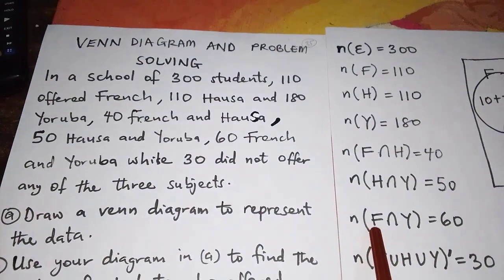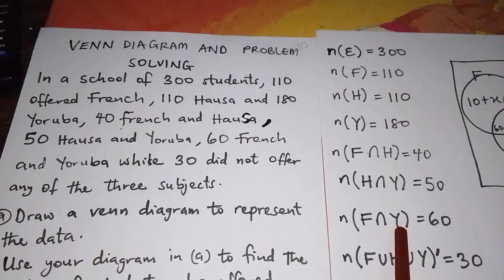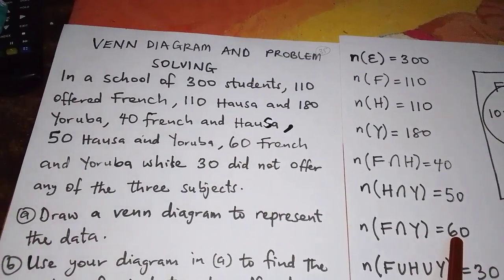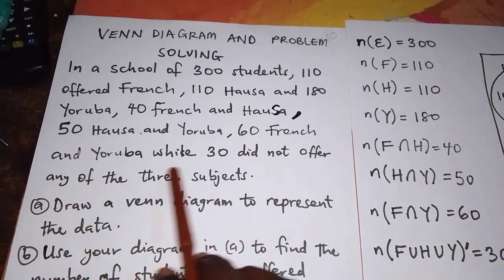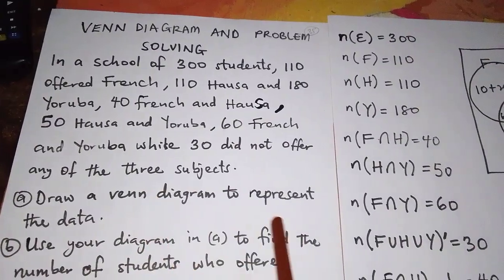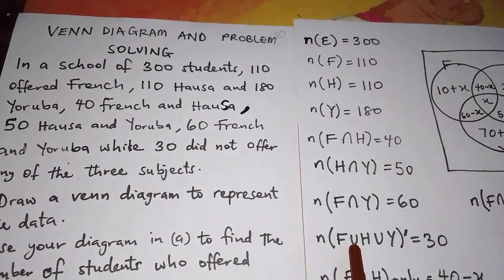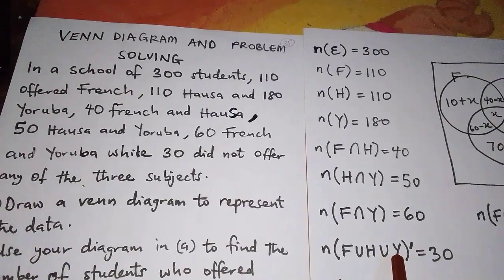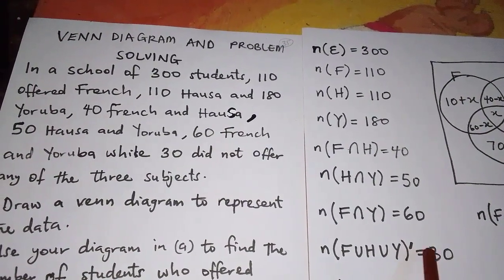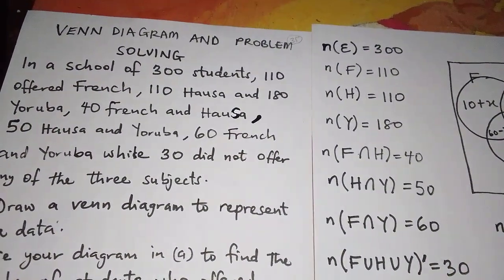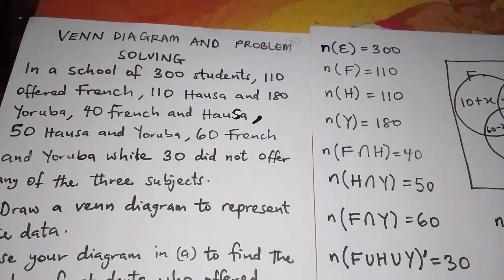Those that have French intersection Yoruba, they are 60. While 30 did not offer any of the three subjects. So that means those that are in the complement of French union Hausa union Yoruba. How many are they? 30. Those ones should be outside the circle.